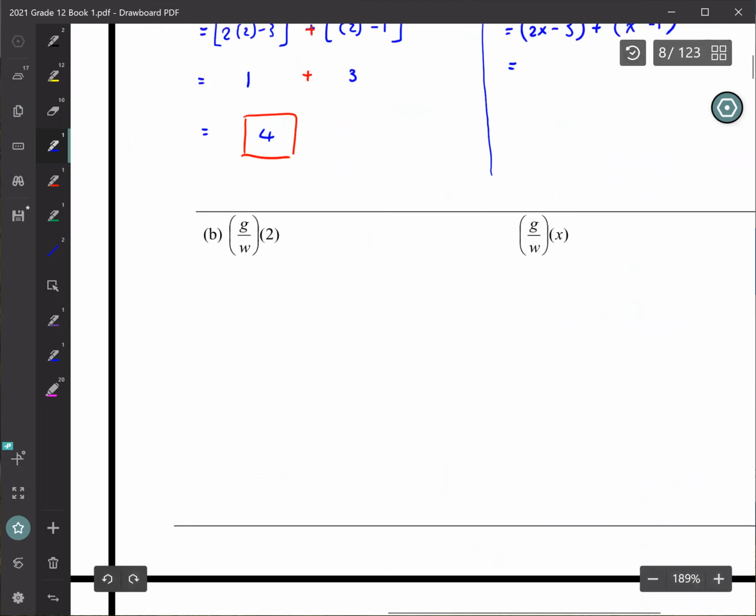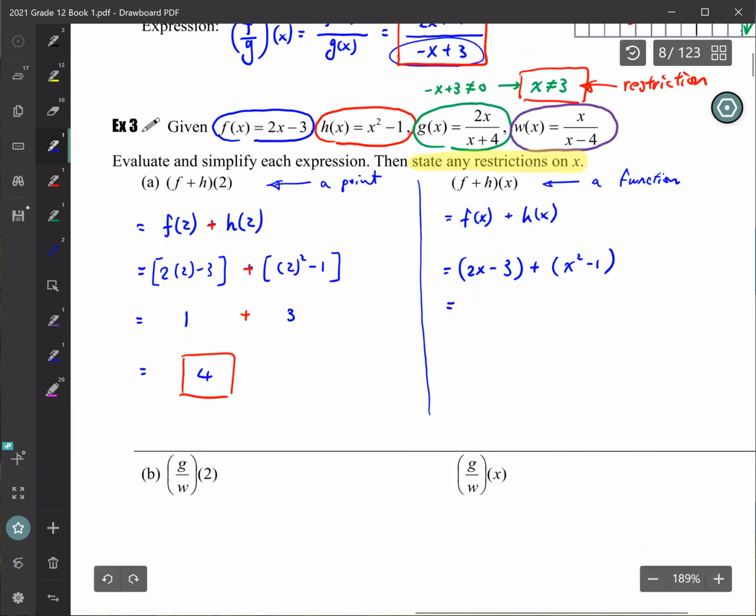Please add them together and raise your hand if you finish this one.